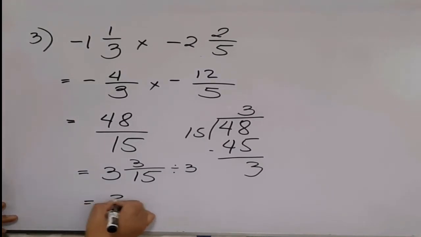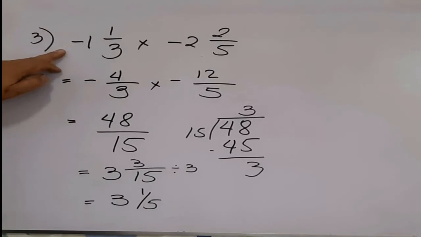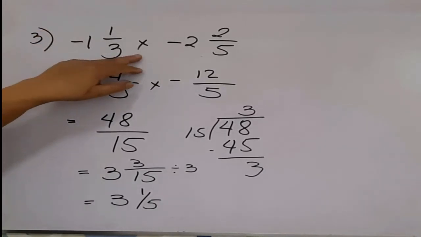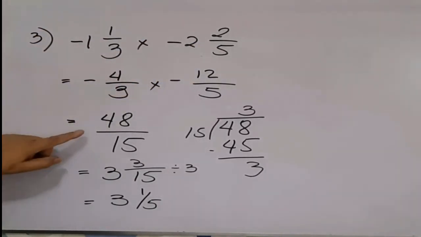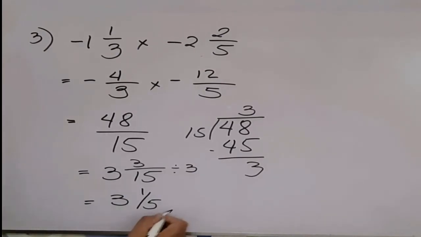This will be equal to 3. 3 divided by 3 is 1. 15 divided by 3 is 5. Negative 1 and 1/3 times negative 2 and 2/5 is equal to 3 and 1 over 5. That is your final answer.